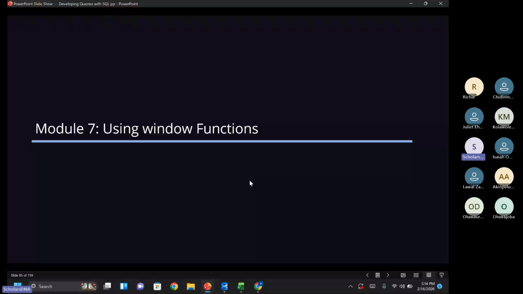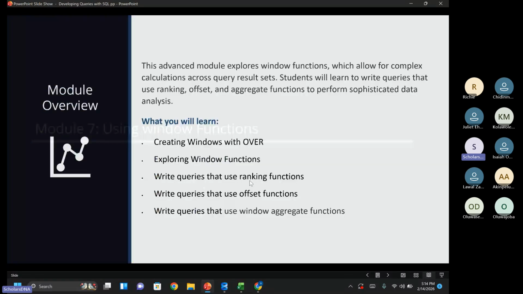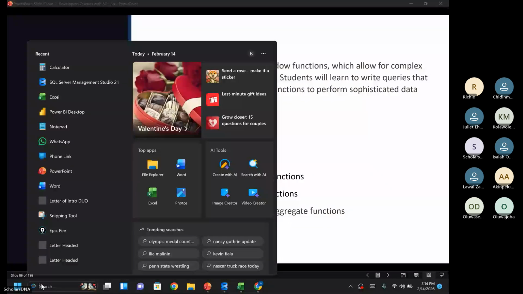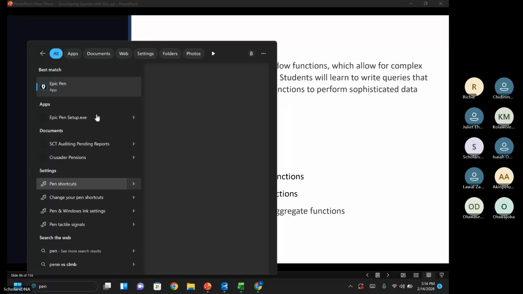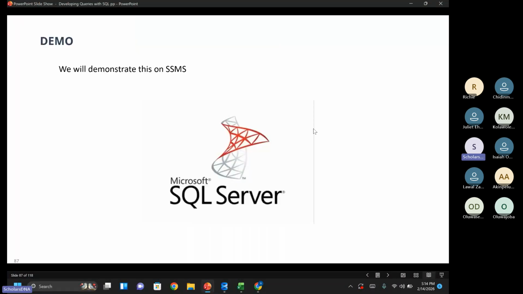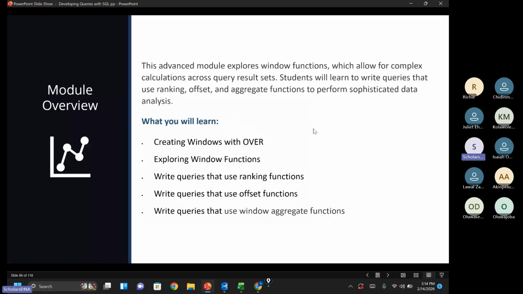And creating views in SQL. Now, SQL Windows functions, give me a moment. All right. So SQL Windows functions help us do calculations that let us manipulate our SQL queries.